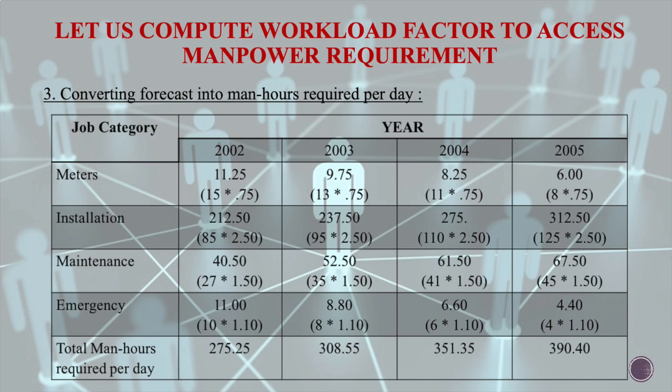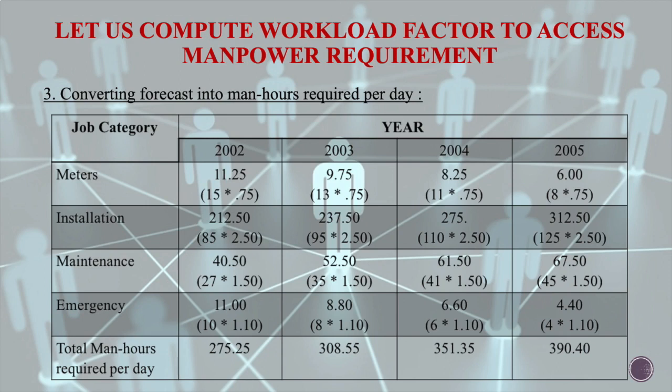When we get everything together, say for example 2002, if we add how many hours we have invested for meters, installation, maintenance and emergency, you can get the total man hours required per day. And it goes on and on. You can see 2003, the man hours calculated are 308.55, 2004, 351.35, 2005, 390.40.